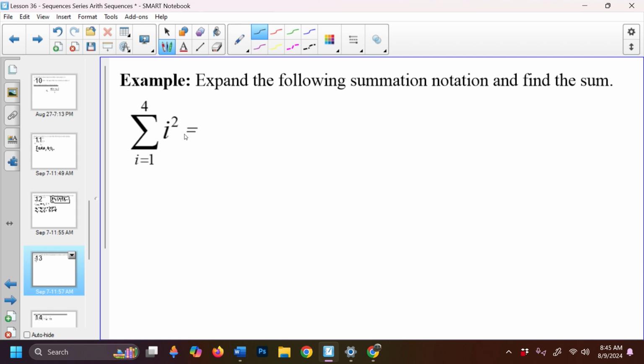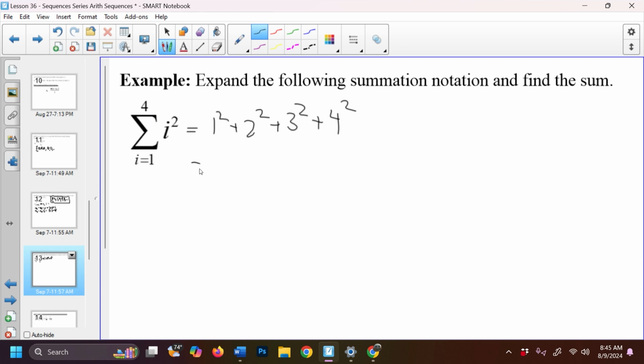So this is equal to, I take 1, I plug it into i squared, I get 1 squared. 1 is not 4, so I add 1 to it, that's 2 squared. 2 is not 4, so I add a number, that gives me 3 squared. 3 is not 4, so I keep going. Next number is 4, 4 squared. Now 4 is the upper limit, so we are finished.